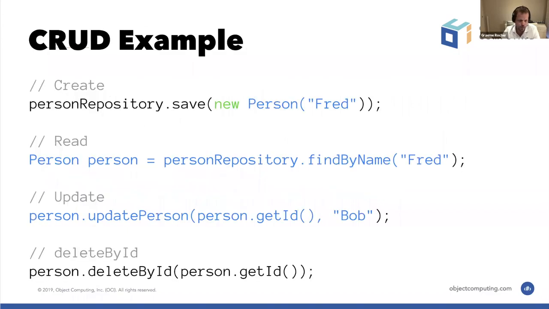To perform CRUD operations, you can essentially call save to save an entity. On the repository, you can call read operations like find by name. You can do batch updates, so I can update a person by ID, and batch deletes are possible as well. So that's all via CRUD.